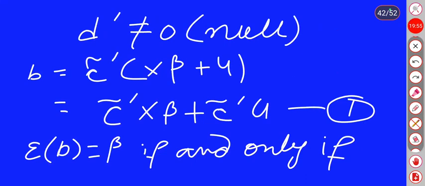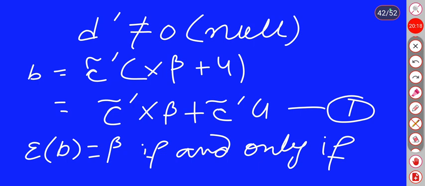So b is equal to c tilde prime (x beta plus u), that is c tilde prime x beta plus c tilde prime u.